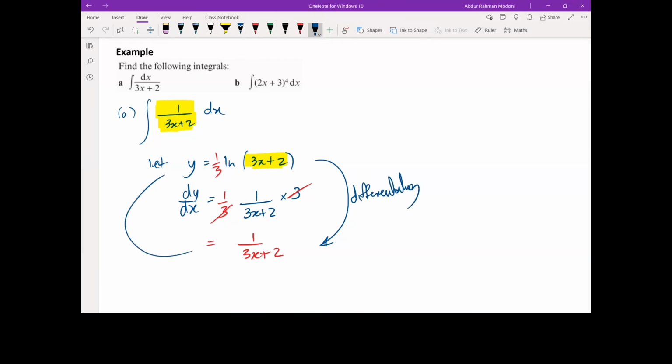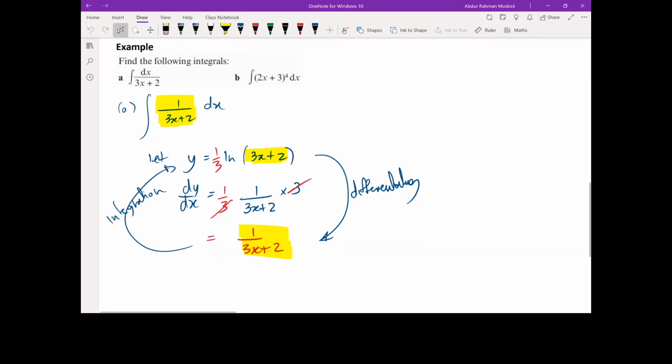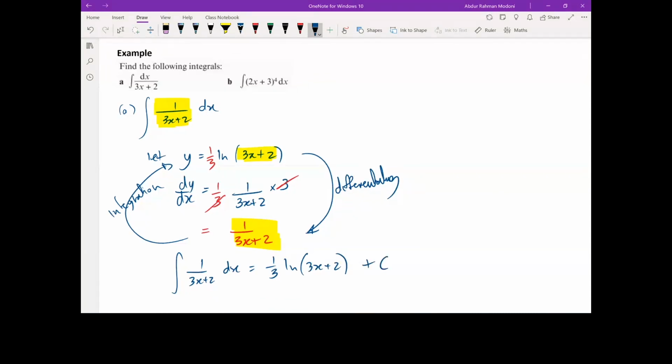And so the reverse of differentiation, integration, will get us to the answer that we're looking for. Remember, this 1 over 3x plus 2 matches that, so then we can say that the integral of 1 over 3x plus 2 dx is therefore equal to a third ln of 3x plus 2 plus c.